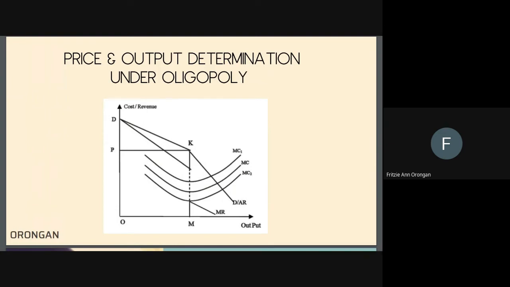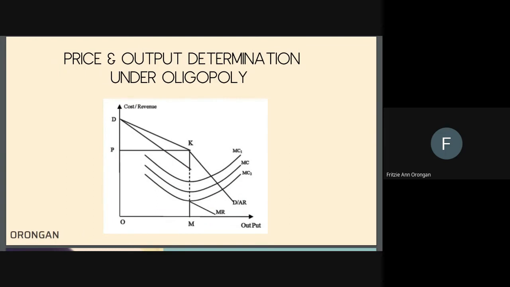The price and output determination under oligopoly can be explained with the help of this diagram. The popular method with regards to price and output determination is the method of the kinked demand curve. In this diagram, the x-axis is the output, and on the y-axis, costs, revenue, and price are determined. The demand curve DD1 has a kink at point K, and it is the average revenue curve.